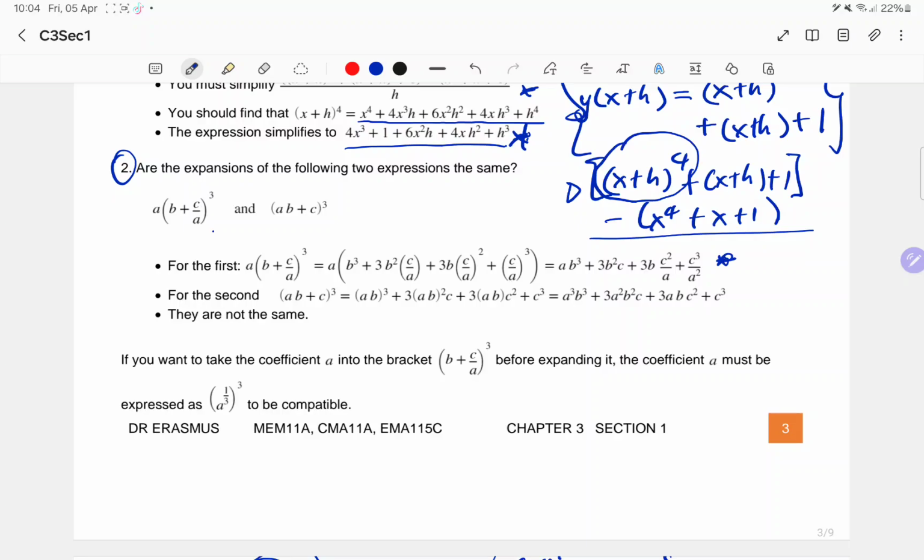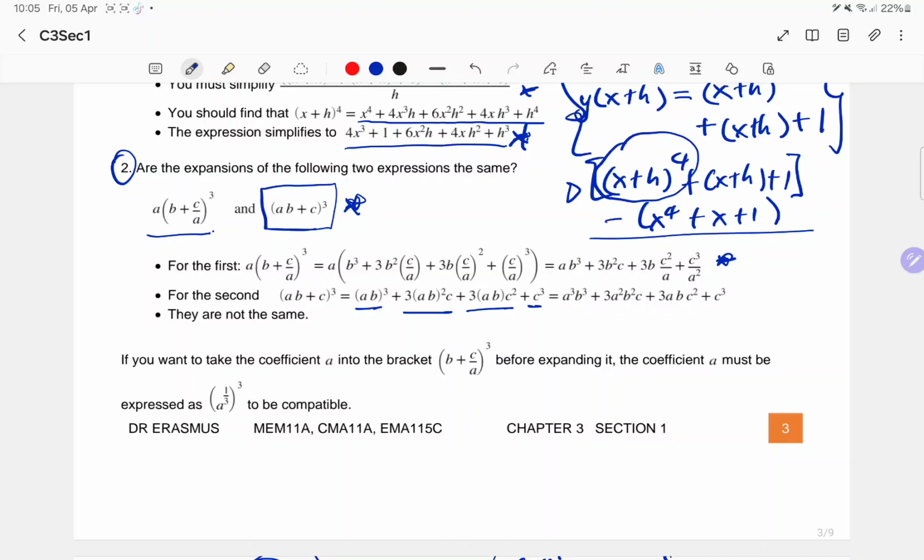But remember, you want to compare these two to see if they're the same. So now you take the second expression and you fully expand and simplify. You're going to have ab cubed, the second term 3 times ab all squared times c plus 3 times ab times c squared plus c cubed.